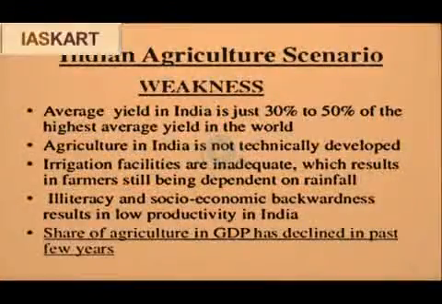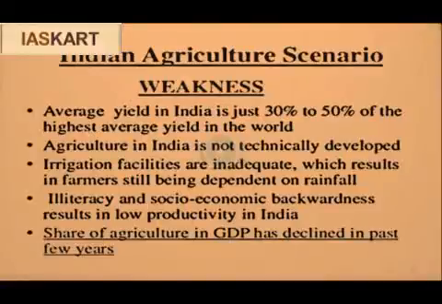Despite all this, it is an undeniable fact that Indian agriculture suffers from many weaknesses, and they are: the average yield in India is just 30 to 50% of the highest average yield in the world. Agriculture in India is not technically developed.